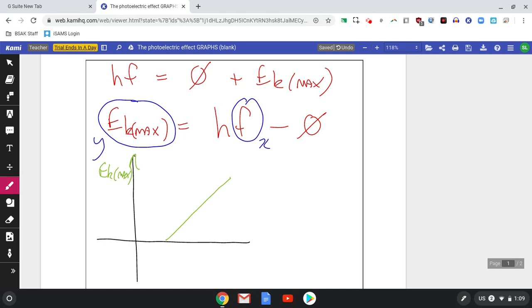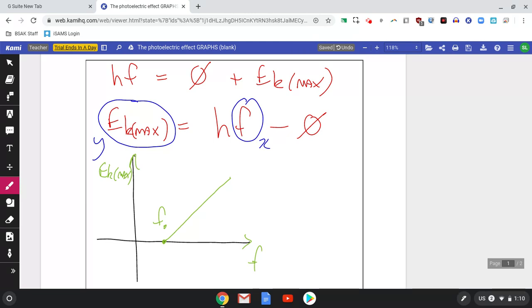Now, let me just write where we've got EK max. That's our y-axis. We've got the frequency of the light in hertz. That's our x-axis. What's that point there? What's the value of frequency where it cuts the x-axis? You'd be right in thinking it is f0. That's our threshold frequency.